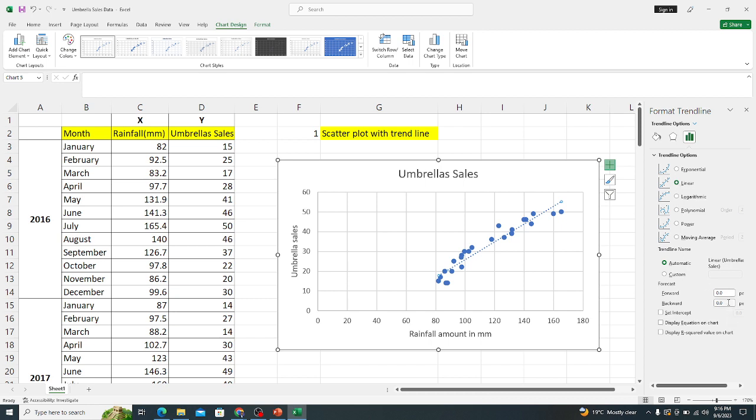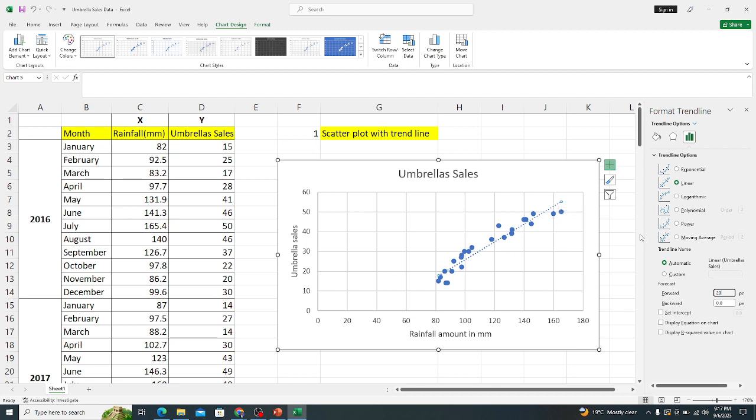Then if you want to forecast forward, you can even include a percentage of your forecast, maybe 20%. Before I do that, you can see already the last point of the trend line.